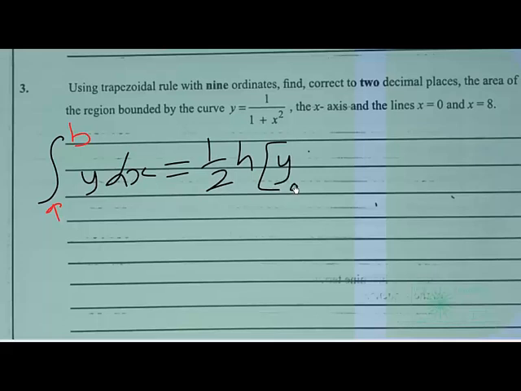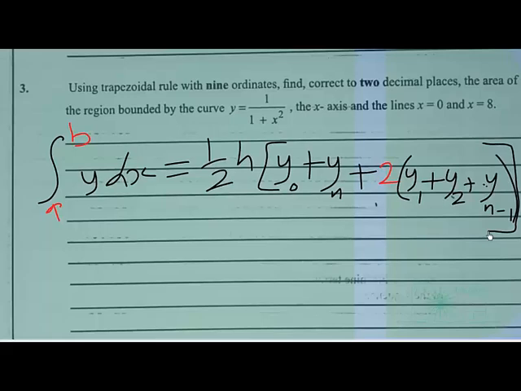Recall that the trapezoidal rule gives the integral from x equals a to x equals b of y dx as 1 over 2 times h into bracket y naught plus y sub n, plus 2 into bracket the remaining y values, y1 plus y2 plus up to y sub n minus 1.